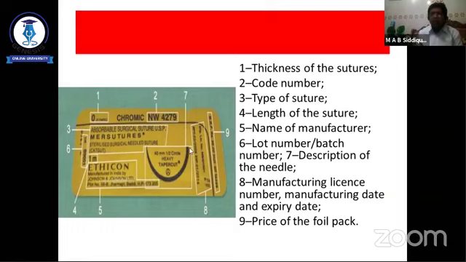This picture indicates the shape of the needle. This is very important for practical purposes: which needle or which suture you require, and all information is given on the pack of the suture.